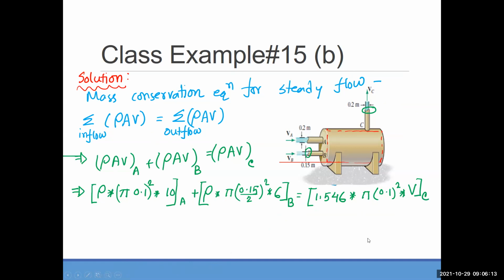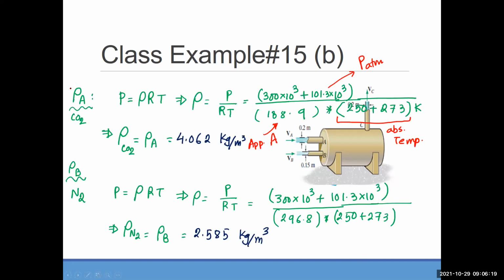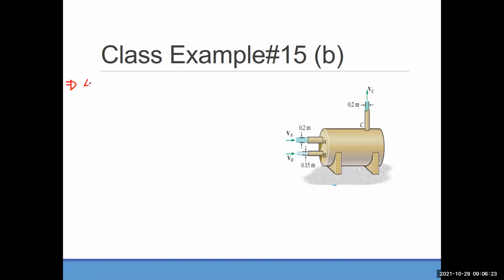So let's do that. What was the density for A, carbon dioxide? 4.062.